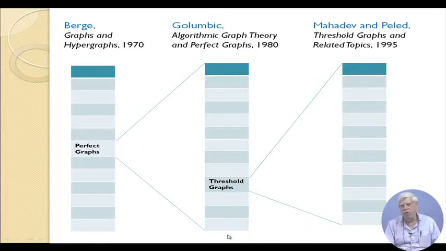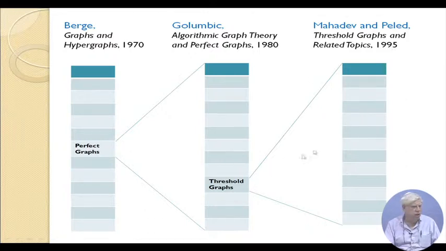A lot of progress was made in those 10 years. In that book, there's a chapter on threshold graphs, Peter's. And it took another 15 years till there was another book written by Mahadev and Peled on all these different aspects of threshold graphs and related topics.